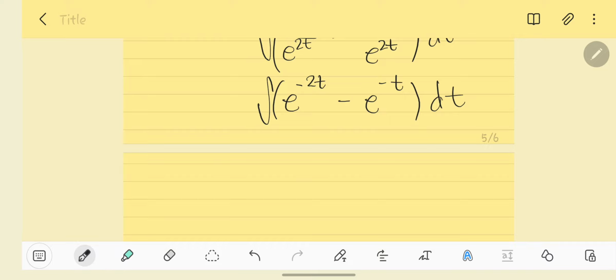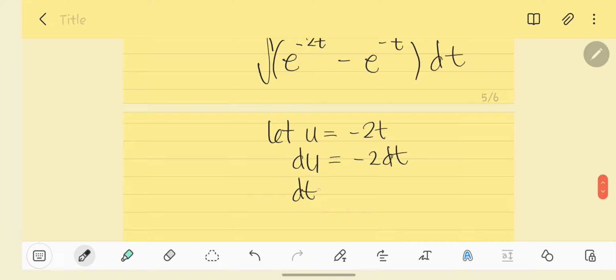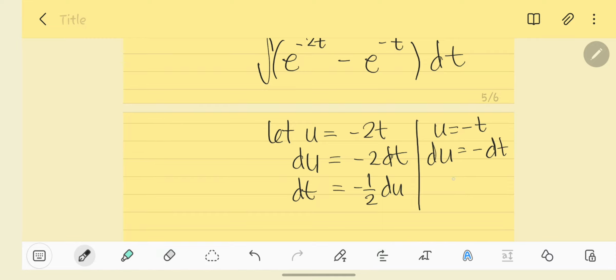So let u is equal to negative 2t, then du is equal to negative 2 dt, and dt becomes negative 1/2 du. For the other term, let u is equal to negative t, then du is equal to negative dt, and dt is equal to negative du.